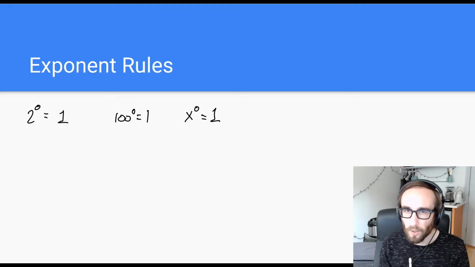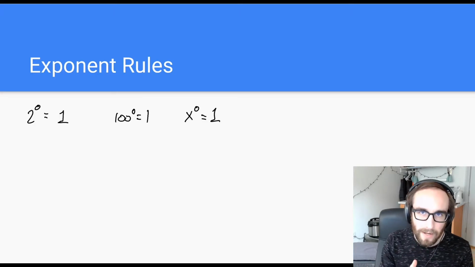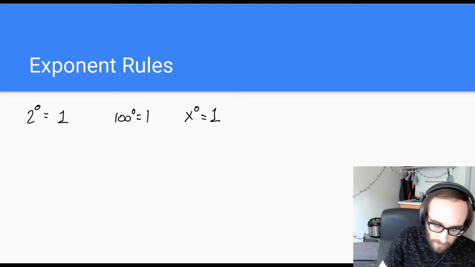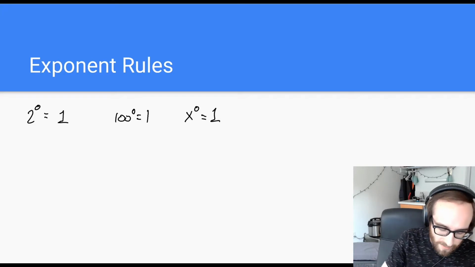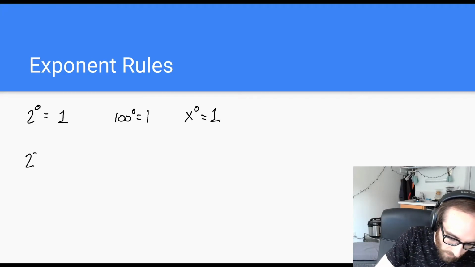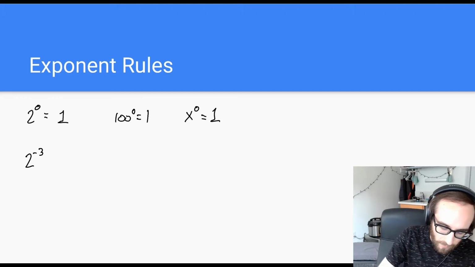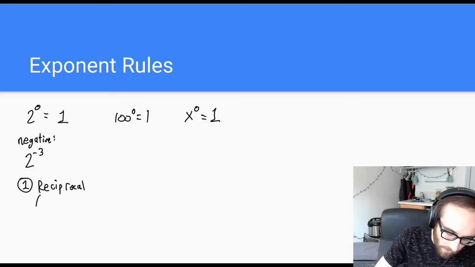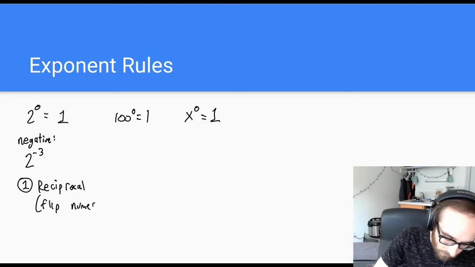We also want to take a look at negative exponents. If we have a negative exponent, that means we need to take the reciprocal. What this looks like is, let's say we have 2 to the negative 3 power. Our first step is to take the reciprocal. In other words, we flip the numerator and the denominator.